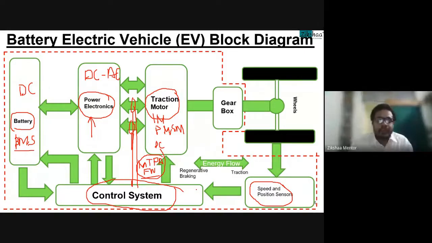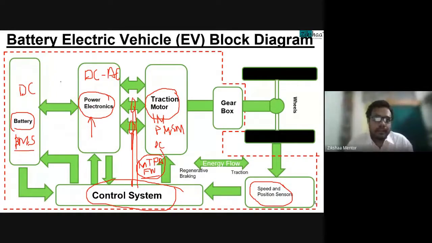Most electric vehicles will use high speed drives, and hence we need a sensorless control whose response is very apt and very accurate, so that we don't lose our edge when it comes to the sensors.